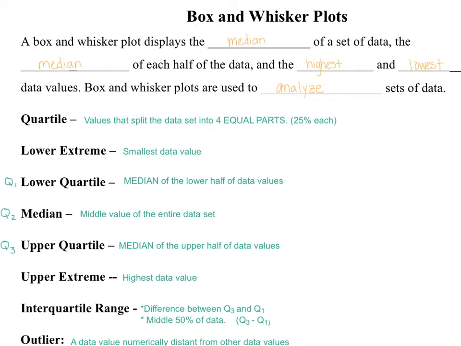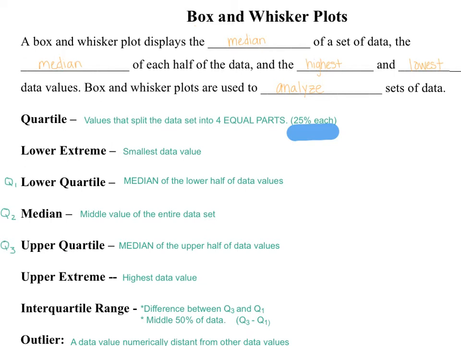So each quartile contains 25% of your data. So even though they don't look like they're the same size, 25% of that population of data is in each of those quartiles.